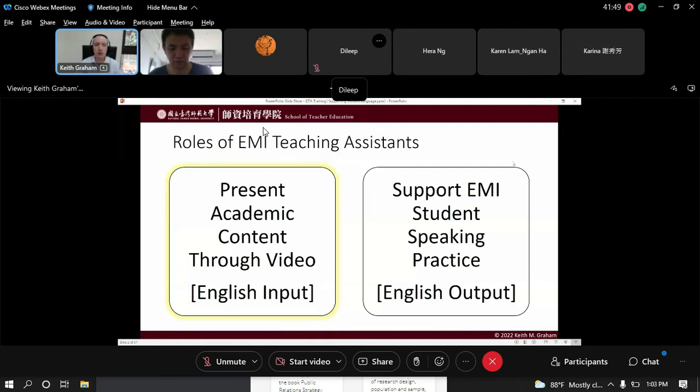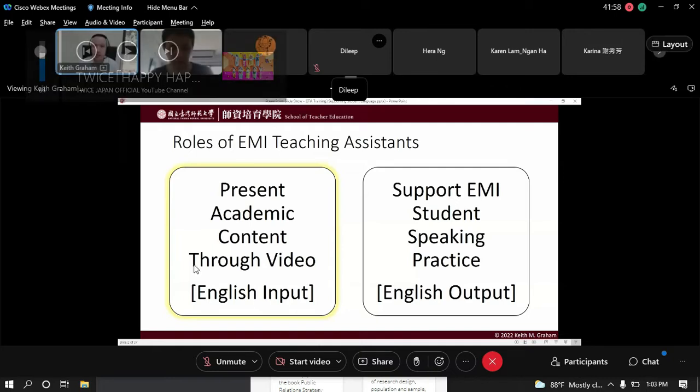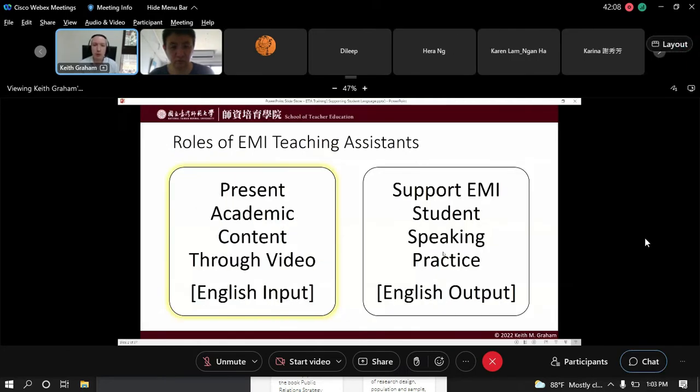We're going to be mostly focusing on how you as TAs can help students understand academic content, whether you're making a video to support students or running small sessions. My understanding is that your other job is that you'll be supporting students' speaking practice in the EMI English Corner.